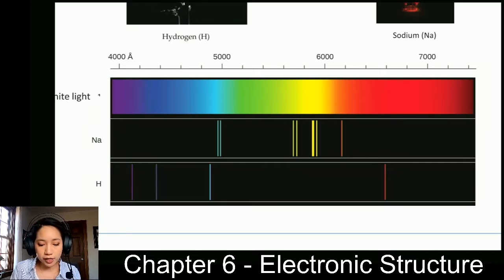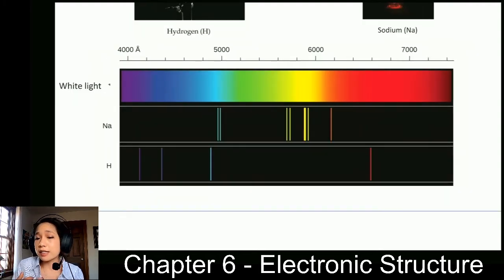Each one of these specific colors is related to a specific wavelength and a specific energy. And you also see the sodium discharge tube has different lines than white light and the hydrogen discharge tube. So here we see different lines with different wavelengths, different energies being emitted from sodium.